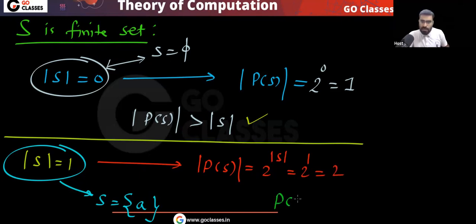Again, can you notice the power set cardinality is strictly greater than the cardinality of S? Is this clear? So you can easily notice for every n belonging to the set of non-negative integers. Yes or no?